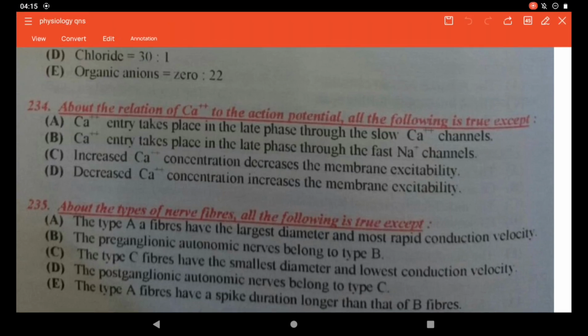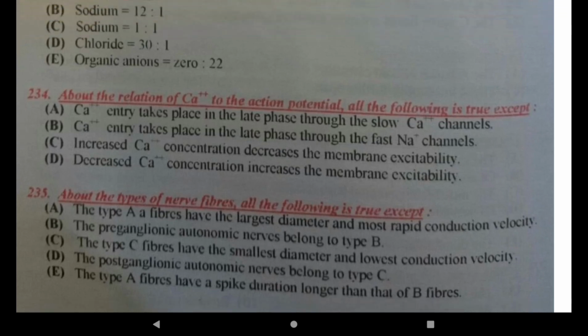C is correct. Increased calcium concentration decreases the membrane excitability, as we saw previously. D is as well correct. Decreased calcium concentration increases the membrane excitability.